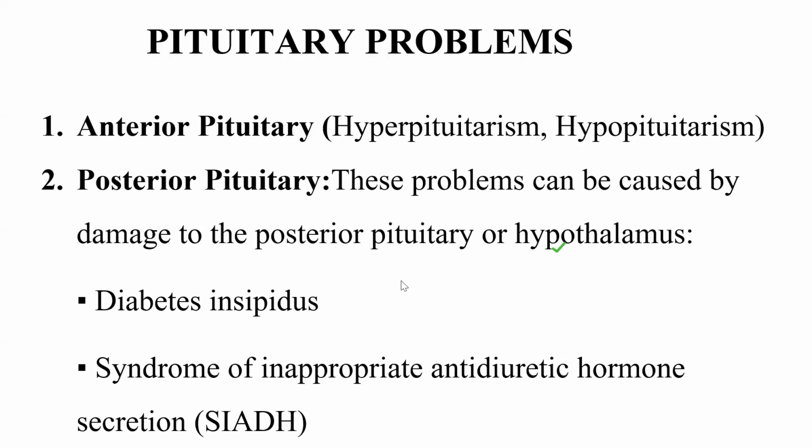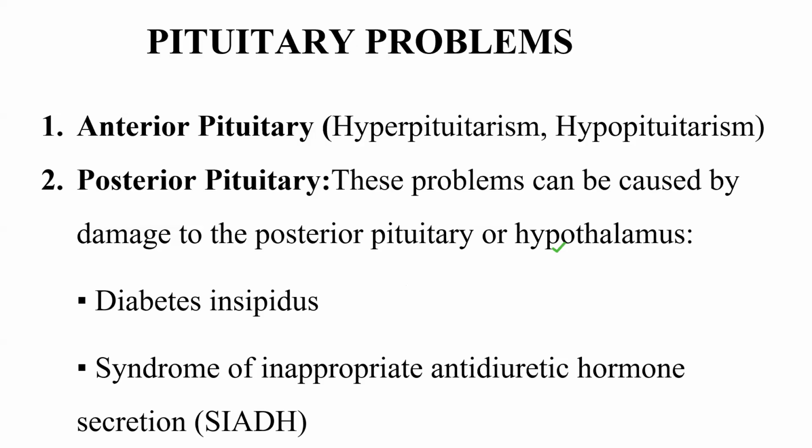So basically, the anterior pituitary gland has two dysfunctions. It could either be as a result of hyperpituitarism or hypopituitarism.